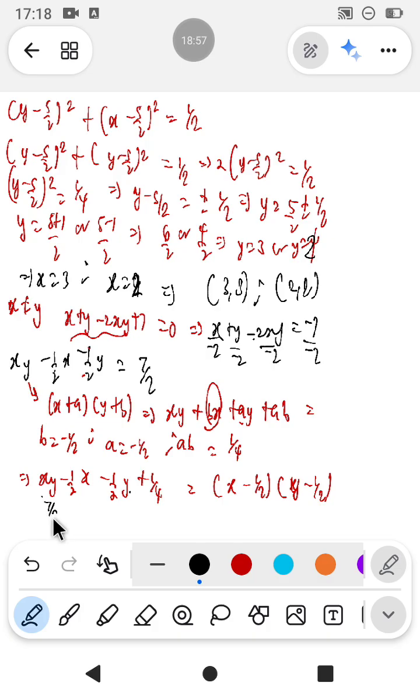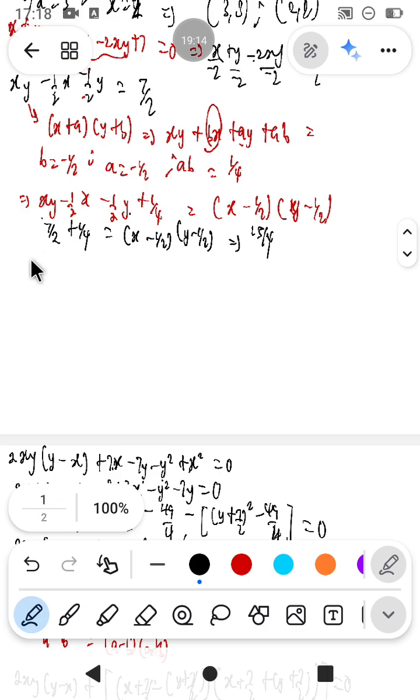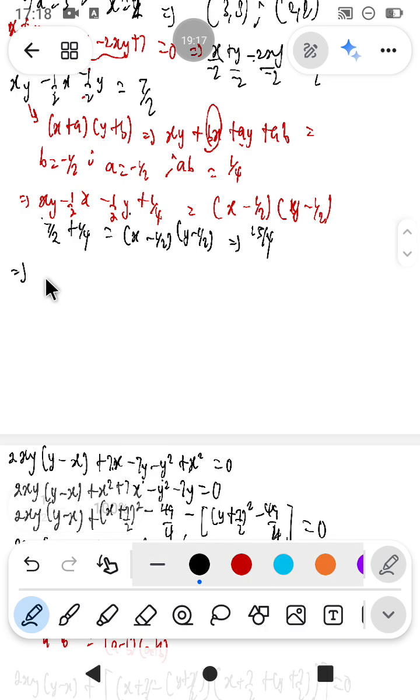So this will be 7/2 plus 1/4, which is equal to (x minus half) multiplied by (y minus half). So 7/2 plus 1/4 gives us 15/4. So we've rewritten that equation as follows: (x minus half) multiplied by (y minus half) equals 15/4. So that's about that.